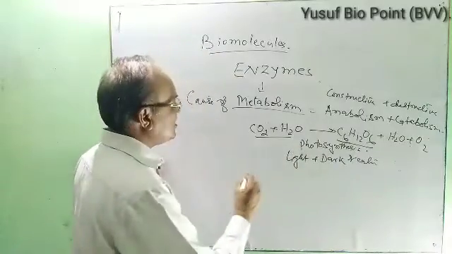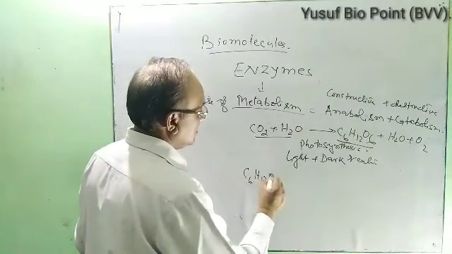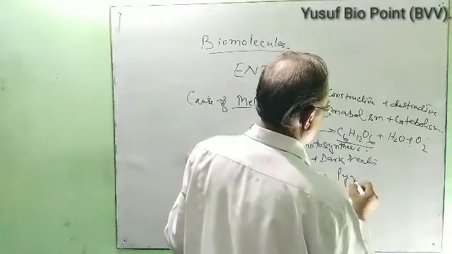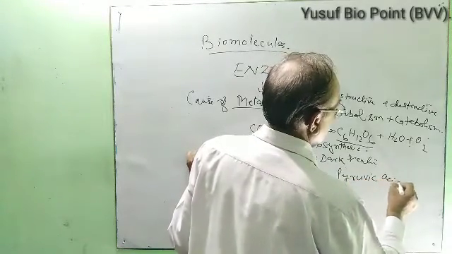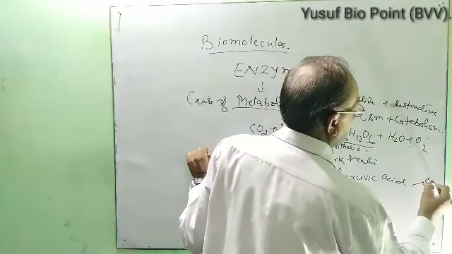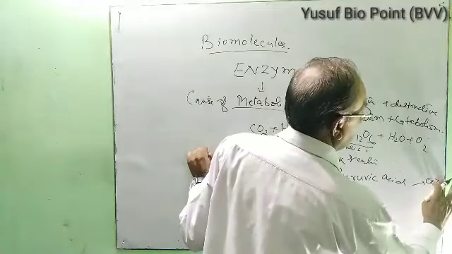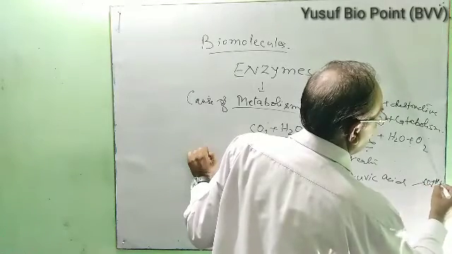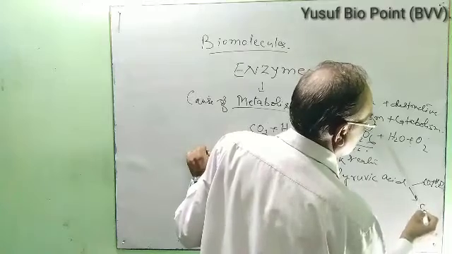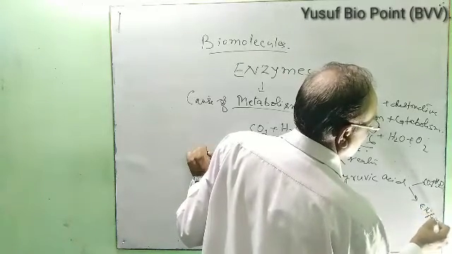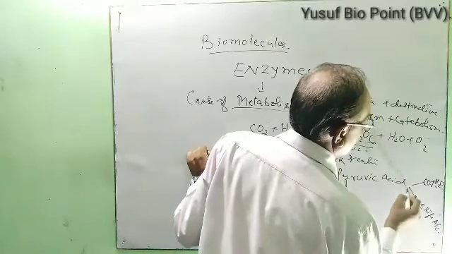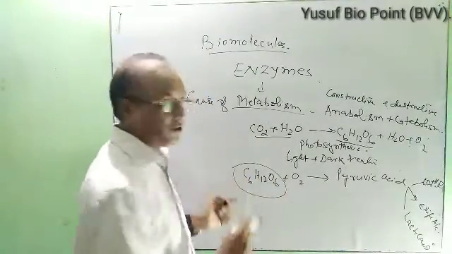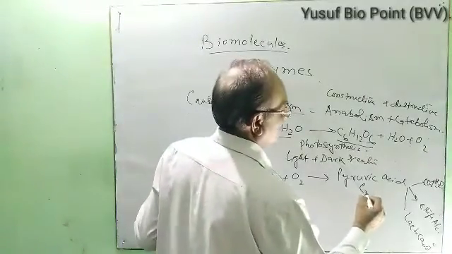In catabolism, C6H12O6, glucose, changes into pyruvic acid.